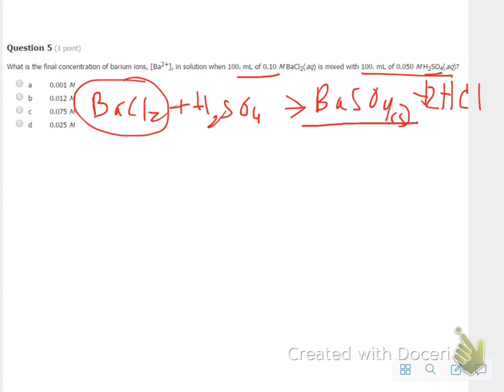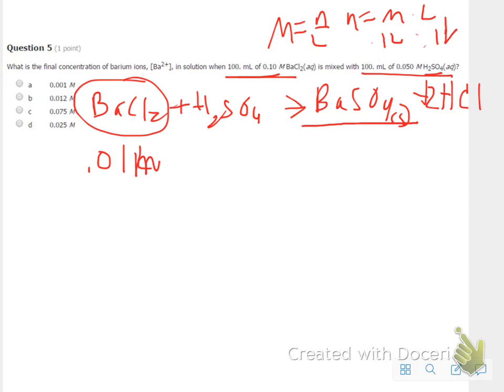Okay. So I have 100 milliliters of 0.1 molar. Because molarity is moles over liters, moles is molarity times liters. So I have 0.1 liter times 0.1 molar, and that is going to be 0.01 moles, right?